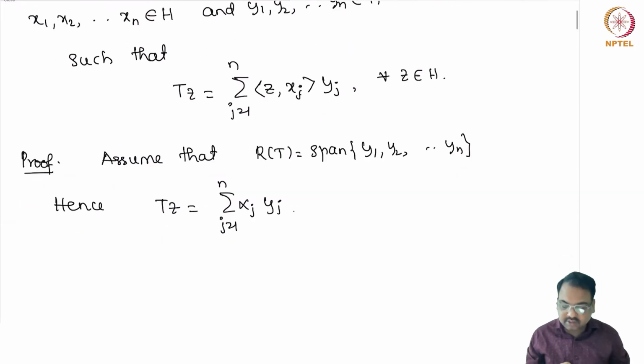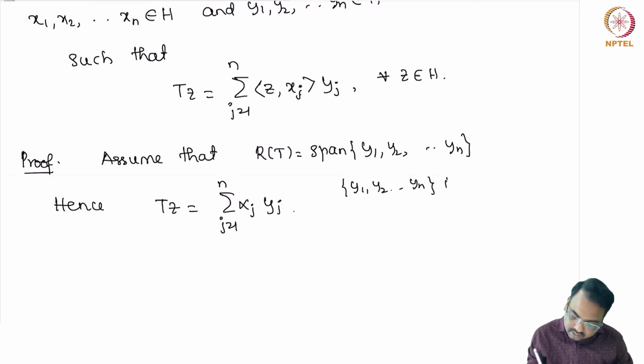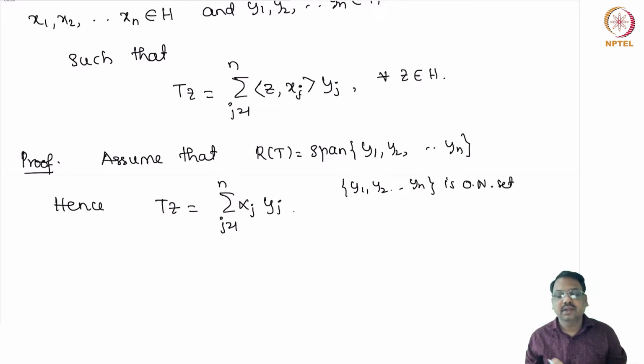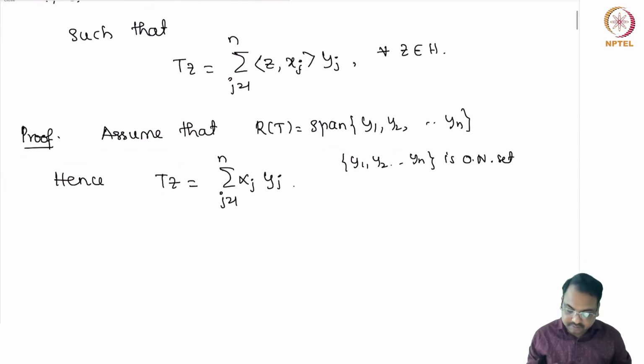In fact we can choose y1, y2, and so on up to yn to be orthonormal, because once they are linearly independent, we can apply the Gram-Schmidt process to get an orthonormal set. So let us call them y1, y2, yn again.